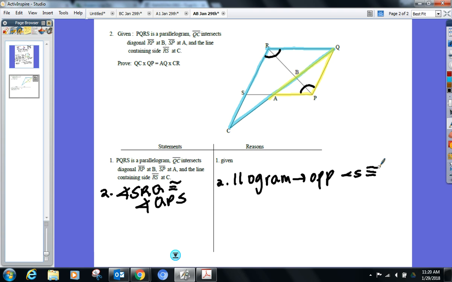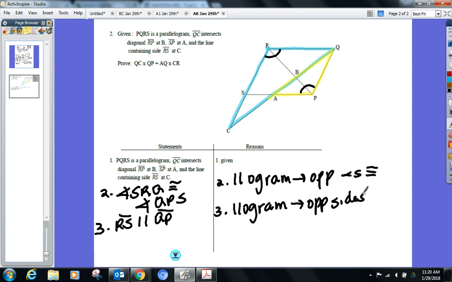RS is parallel to QP. I got that. Because parallelogram implies what there, Cameron, if you're going to use it? Opposite sides parallel. Now, what were going to be the alternate interior angles you wanted?